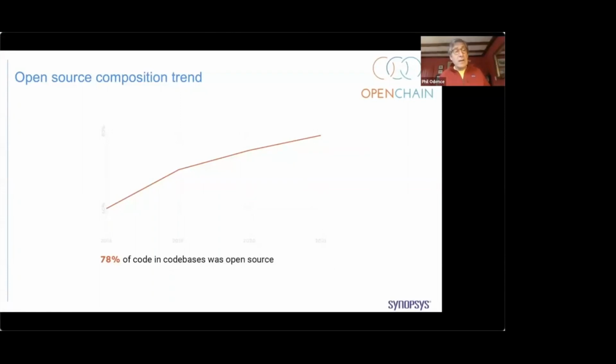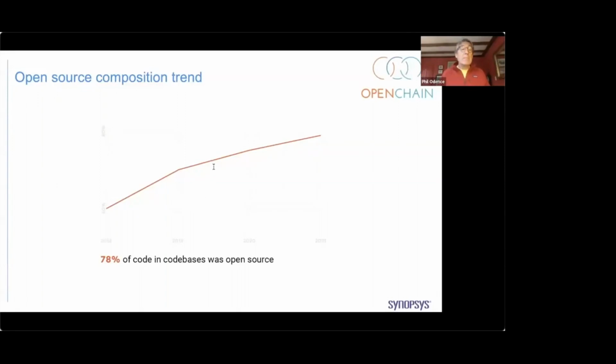But I think the year we started, we were in the neighborhood of 40% of an average code base. And what this number literally is, we look at all the code that we looked at across the year, and if you put it in a big pot and stir it all up, this year it's 78% open source.